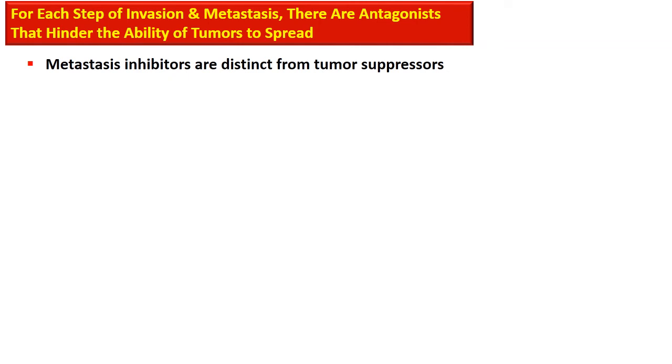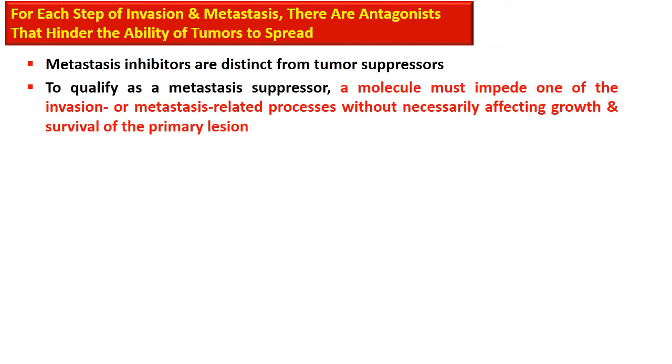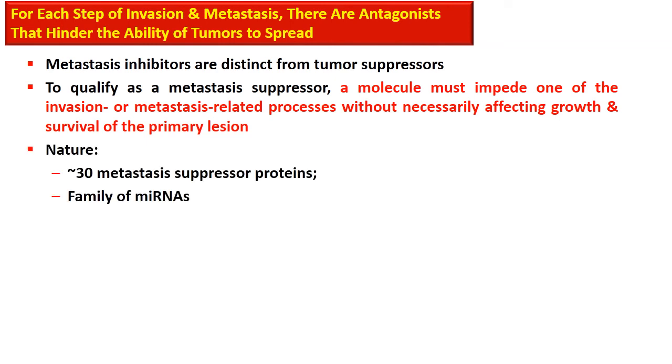Tumor suppressors stop the initiation and progression or growth of the tumor, while these are limited to the inhibition of metastasis. A metastatic suppressor is a molecule that impedes one of the invasion or metastasis related processes without necessarily affecting growth and survival of the primary lesion.